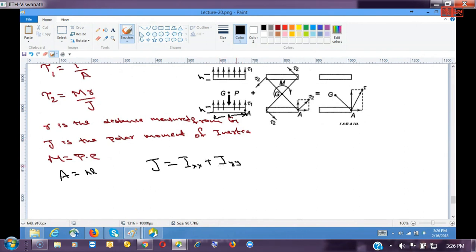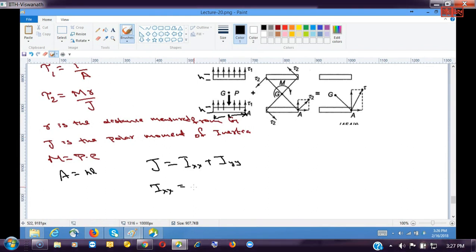So we can easily write our Ixx. Since this is rectangular, we will write it first for this part alone, and then shift it to the center.